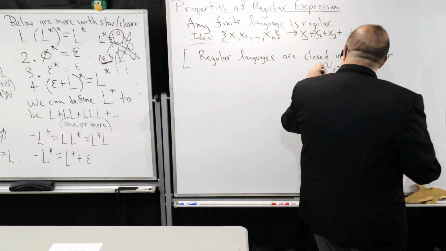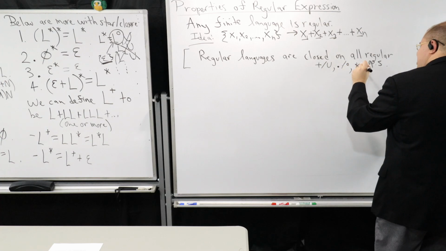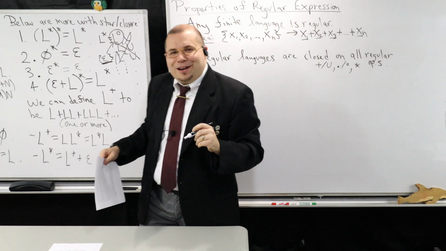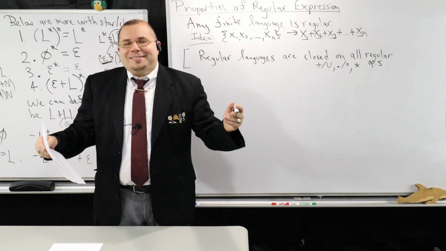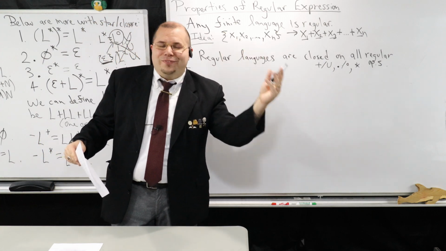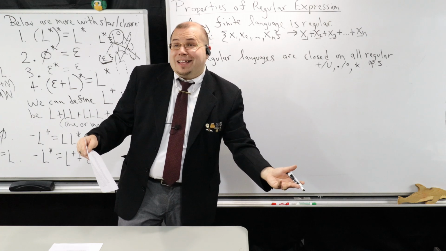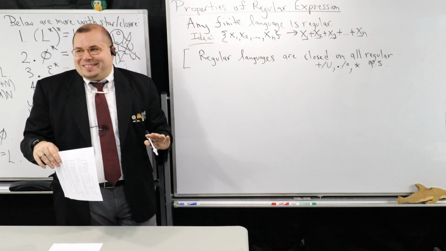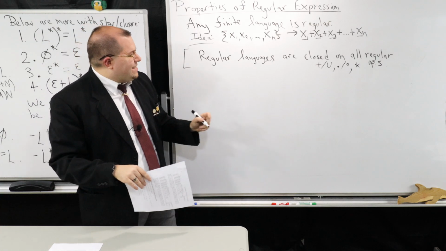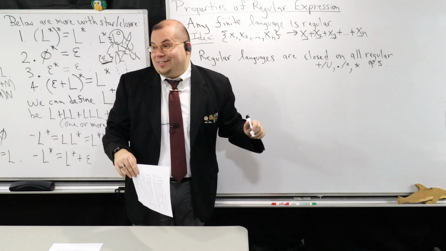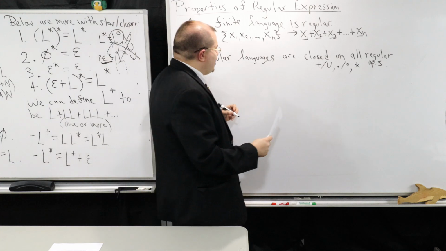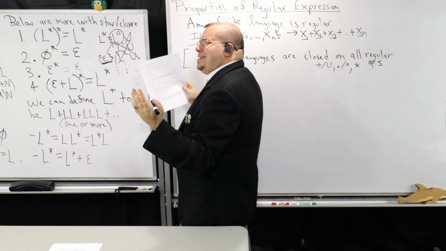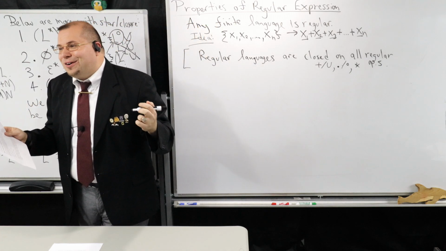So I'm not going to talk about union, concatenation, or star, because essentially all you have to do is build a regular expression and, by Kleene's theorem, there's a way I can convert it to something else that by definition is regular, right? Is that kind of neat? It's very slick, isn't it? That it's all built right into the theory. It's almost like it's by design. It actually was by design.